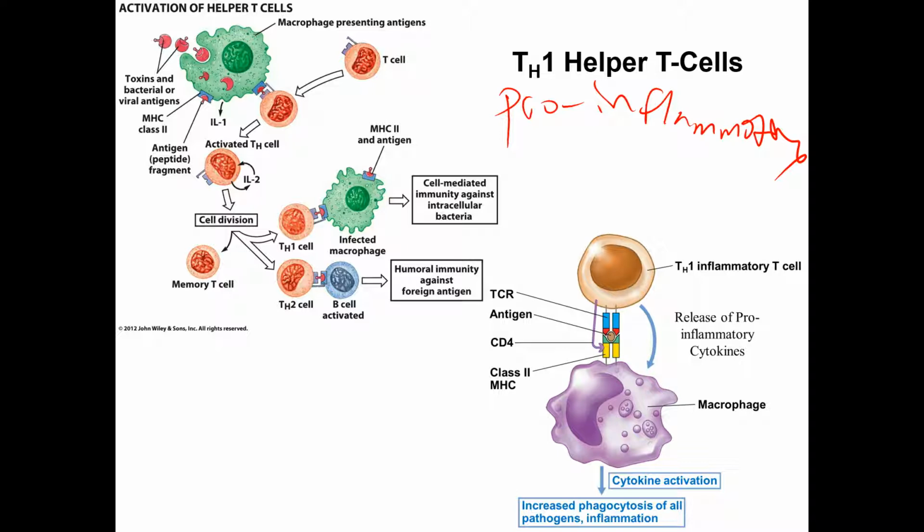And these T helper cells can differentiate into either Th1 T helper cells or Th2 T helper cells, as well as memory cells.